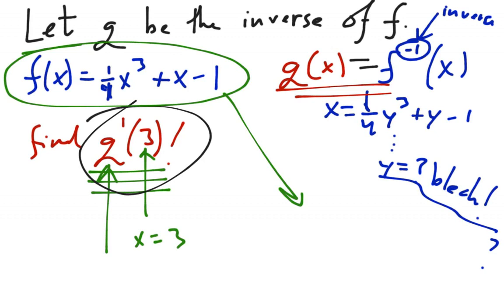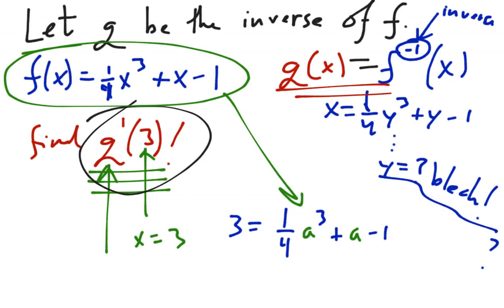So we'll get 3 equals 1/4 a cubed, plus a minus 1.